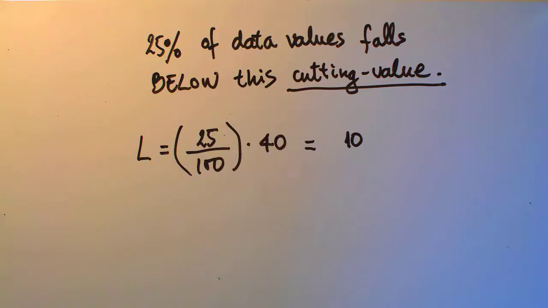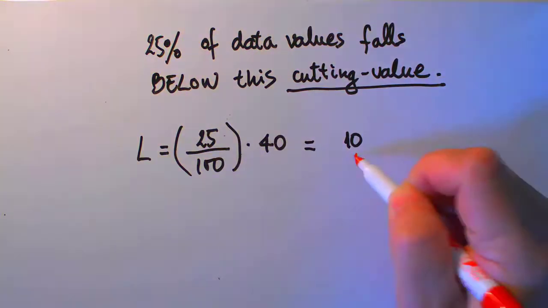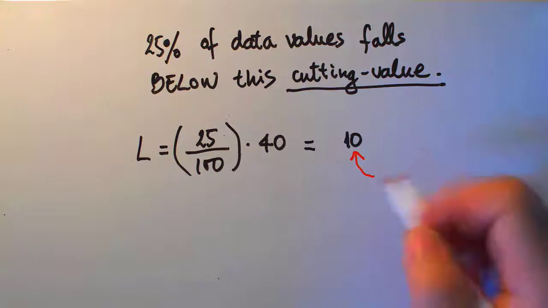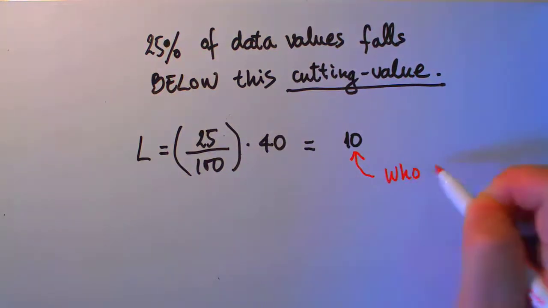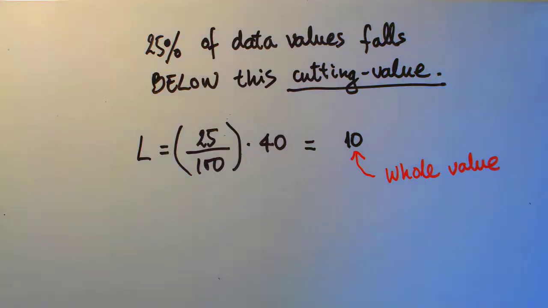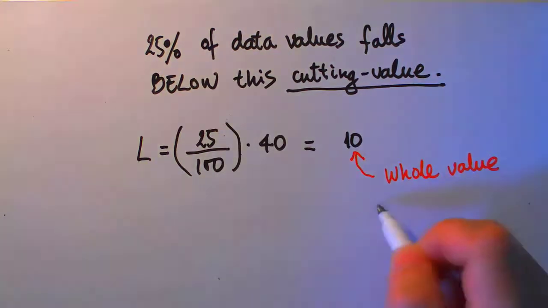So unlike the other example, right after the calculation through the formula, our locator turned into a whole value already, which consequently means we don't need to round. There's no need for rounding this locator.